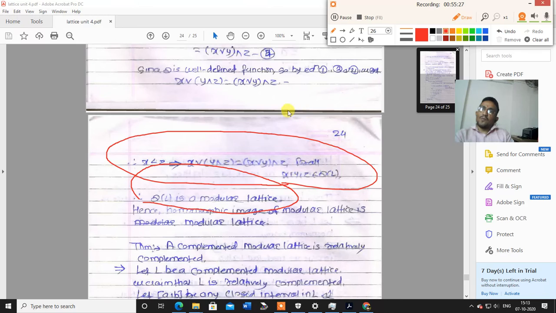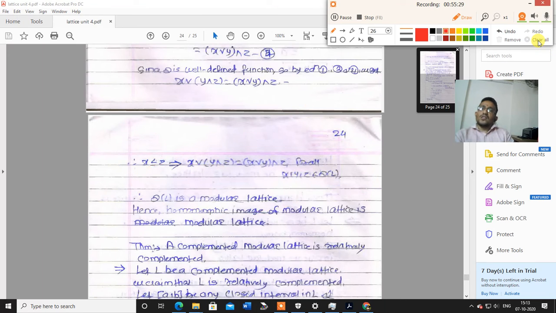Hence we have shown that the homomorphic image of a modular lattice is also a modular lattice, which is important here.